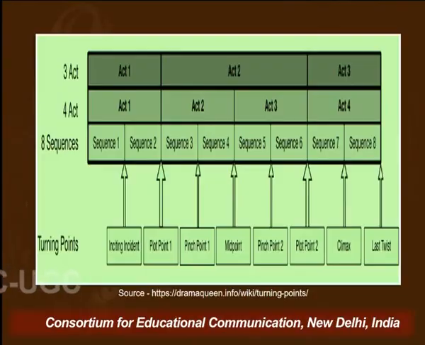Now when you have 4 acts, technically you can divide it further into 8 sequences. It does not necessarily need to be 4 acts multiplied into 8 sequences. Sequences can have a lot of scenes and different shots. 8 sequences is not a condition, please understand.